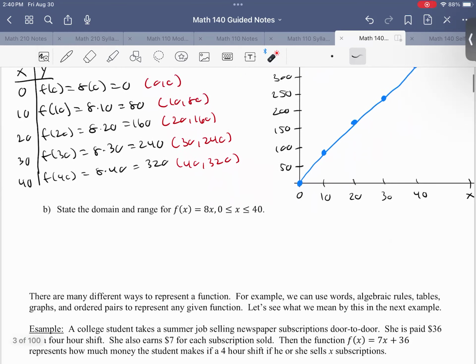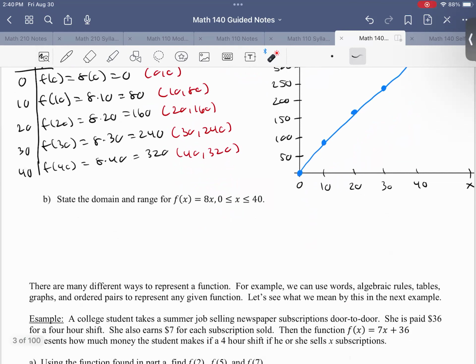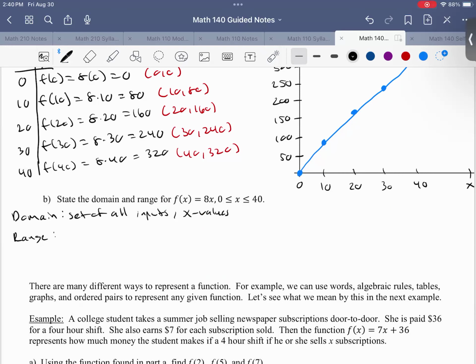Okay, so now state the domain and range for the function we just graphed. Recall that domain is the set of all inputs, meaning x values in this case, and the range is the set of all outputs, your y values in this case.